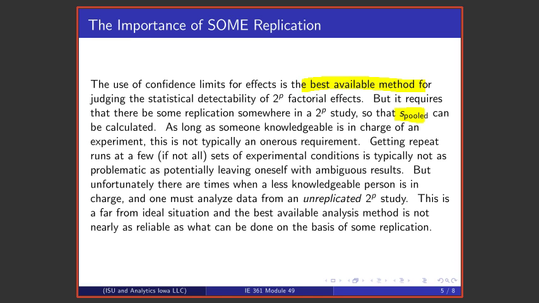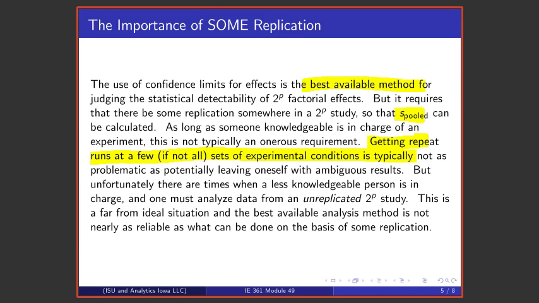So this is not really a particularly onerous requirement. If you can just get repeat observations at a few sets of experimental conditions, that's a lot better than leaving oneself with ambiguous results.